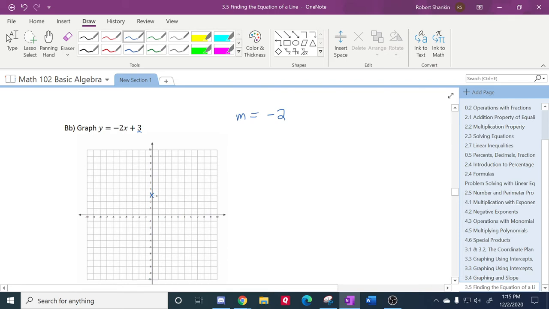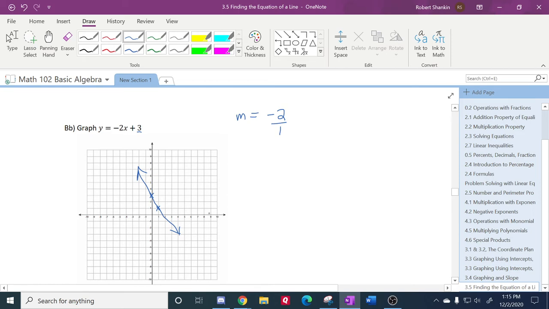And then you run 1. How do I rise -2? You go down. Right. And then how do I run 1? To the right. Very good. So that's it. And then I'll put these two together. And I got it.